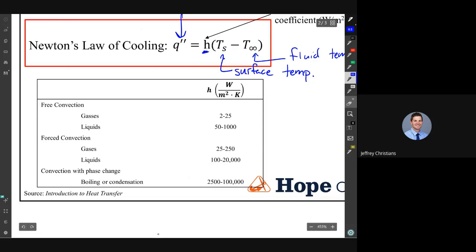So free convection, that's convection if you have something hot. Oftentimes you'll get density changes in, say, the air as it heats up, and that air will start to rise, and you can get some airflow off of a hot thing. We've all experienced this and seen this. If you ever look on a summer day at the top of a grill, you'll see these funny lines.